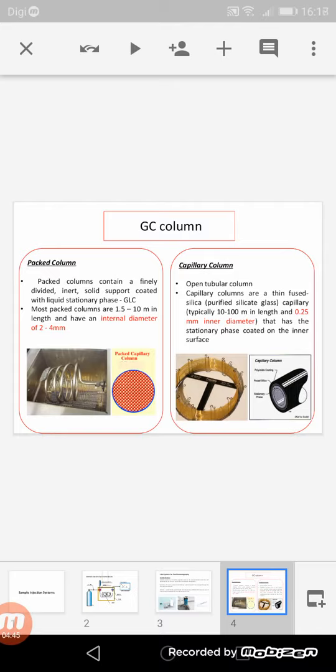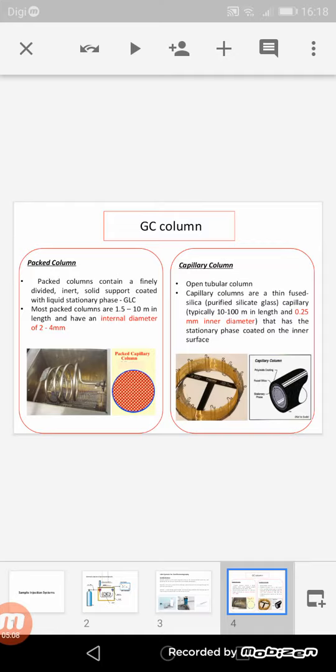This is an example of a packed column, while the capillary column has an even smaller inner diameter, which is 0.25 mm, in an open tubular form. Most GCs now use capillary columns for their systems.